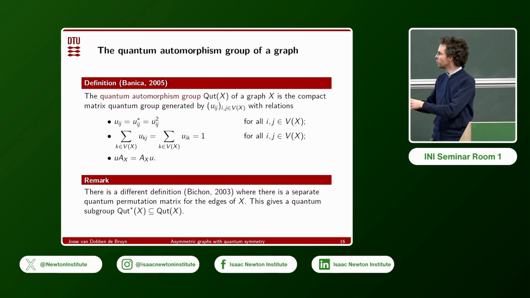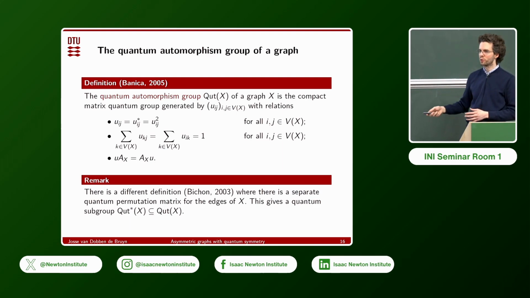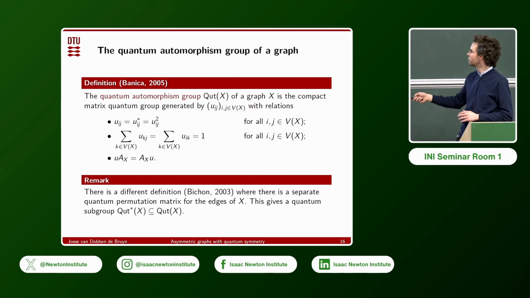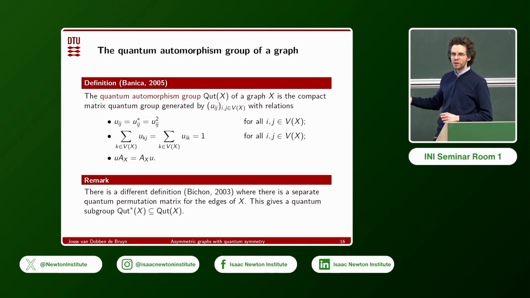And classically that's automatic, but in the quantum case it's no longer automatic, so in general it can be a different quantum automorphism group, but it's always a subgroup of the one defined by Banica. And nowadays it's more common to study the larger one that Banica introduced.